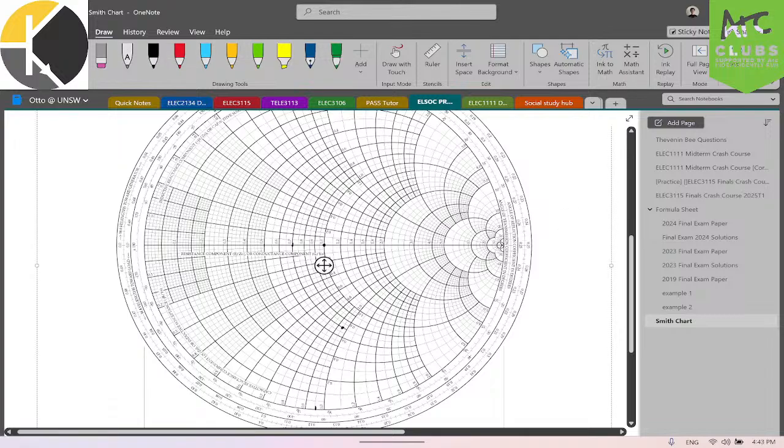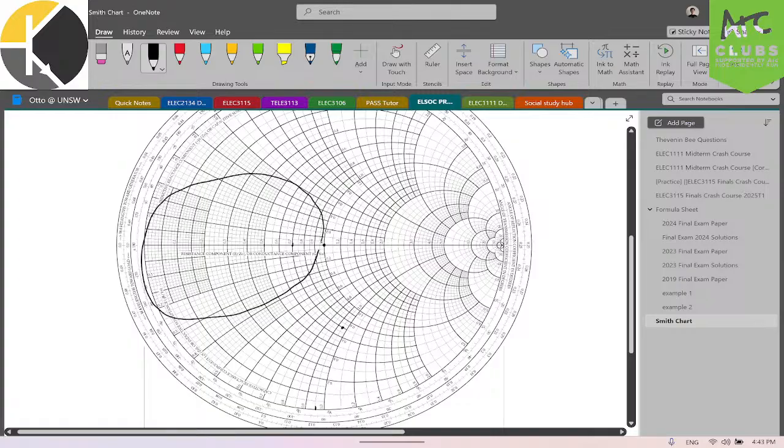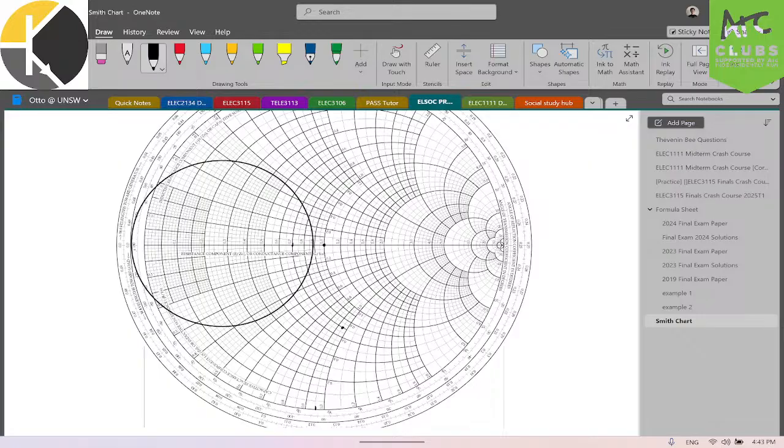So what you do, I will just quickly attempt to explain what I'm doing. Will this work? It will work. Oops. I'll just move this.